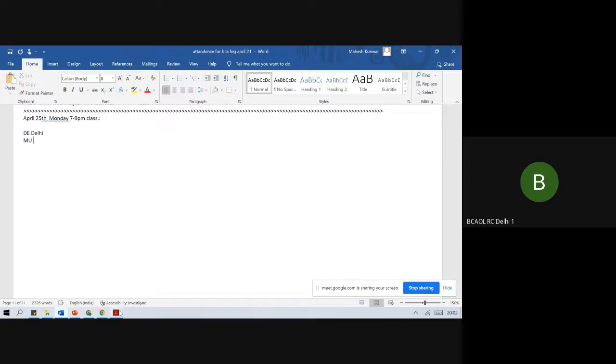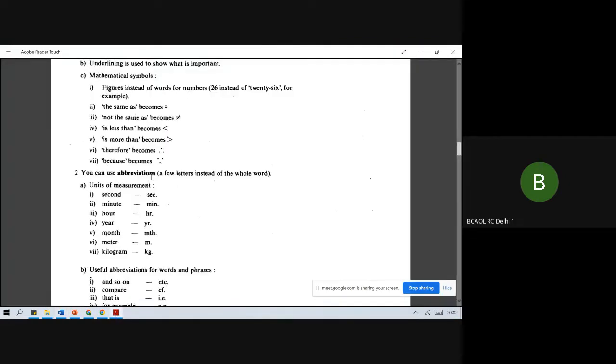See, these are common abbreviations. Besides that, you can make your own abbreviation, like for population, you can use your own abbreviation also.